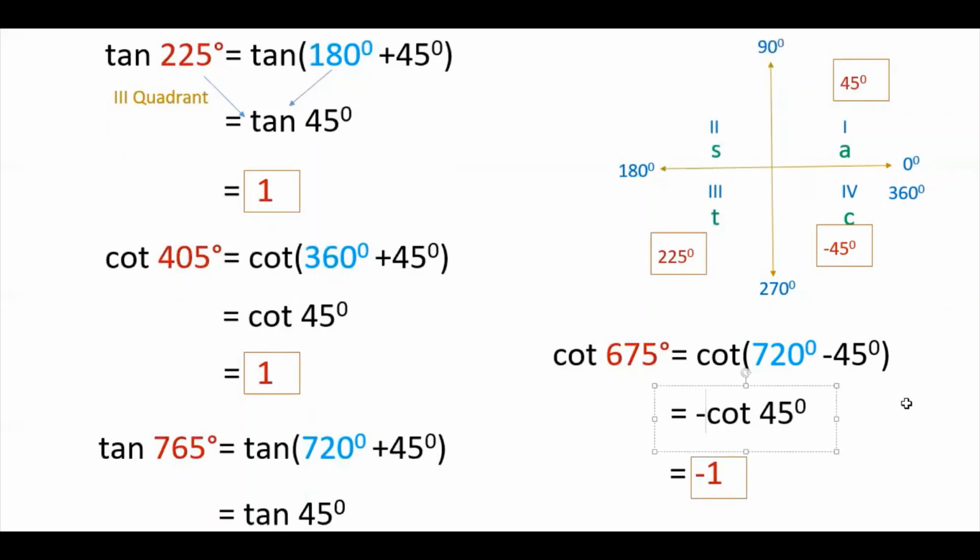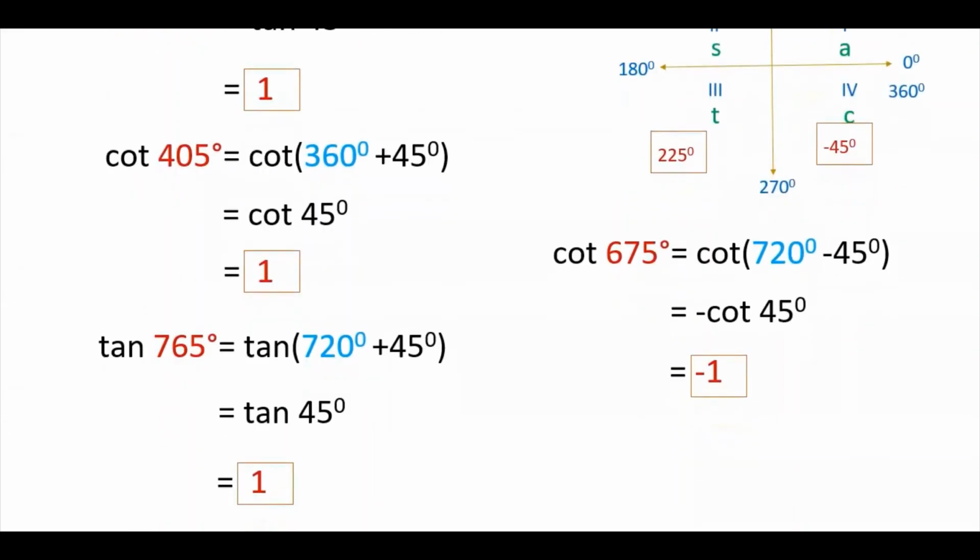In the fourth quadrant, only cos and secant are positive, remaining all are negative. Here it is cot, not cos, so it is negative. The angle is negative, so minus cot 45 degrees, that is minus 1.